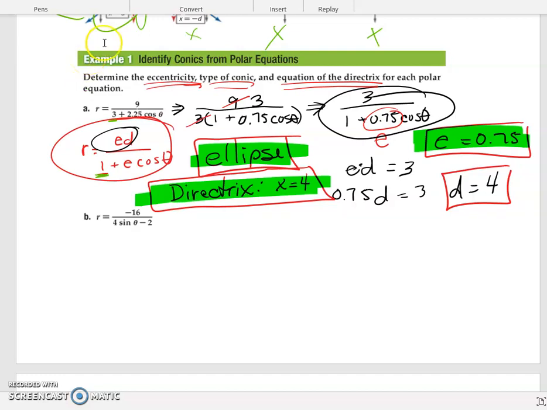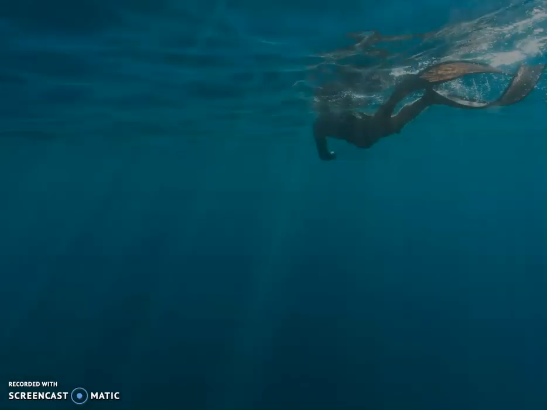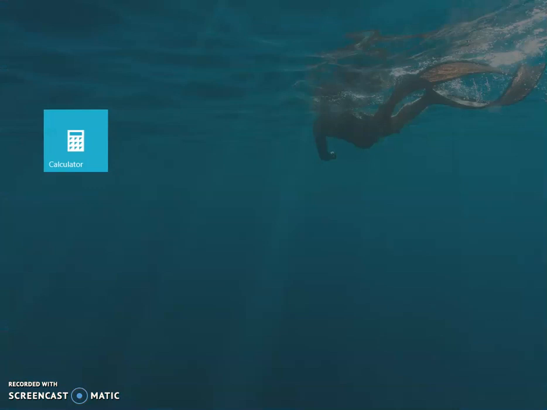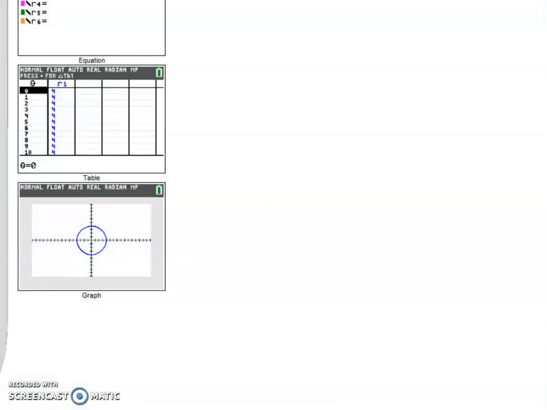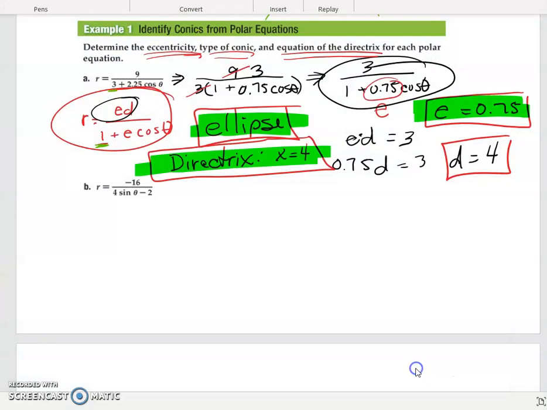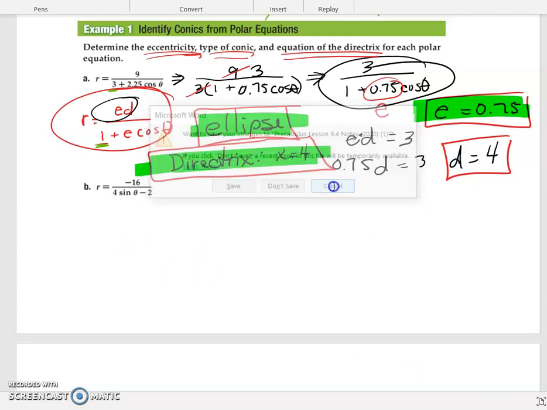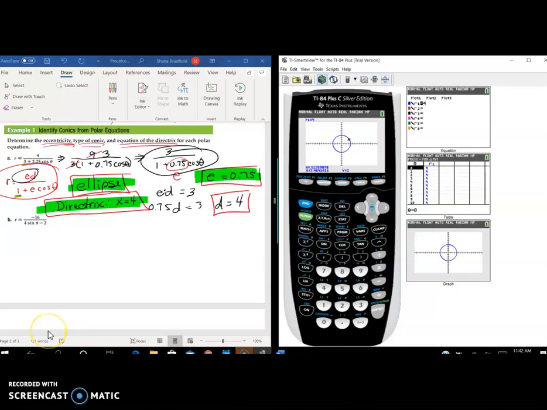Now, if you were like, well, I really don't know what this is, and you wanted to graph this, this is a good opportunity to see what the graph looks like.